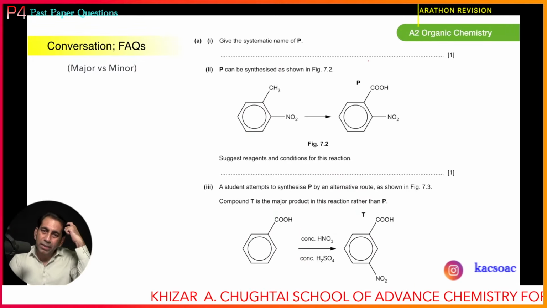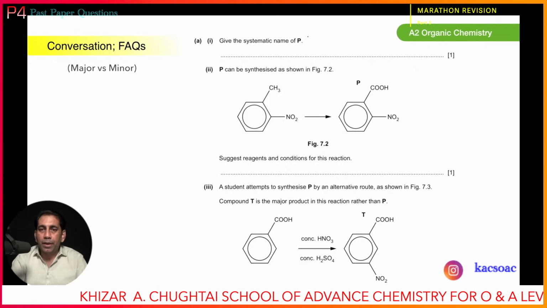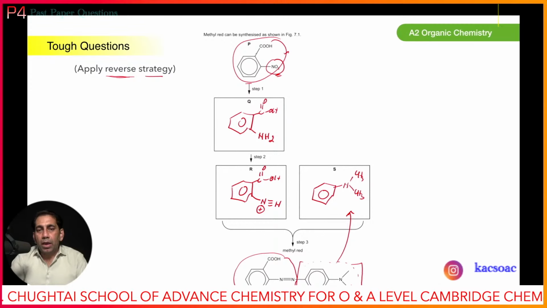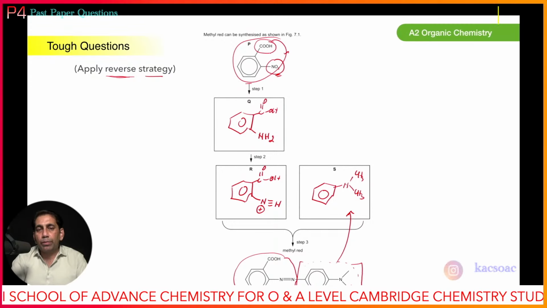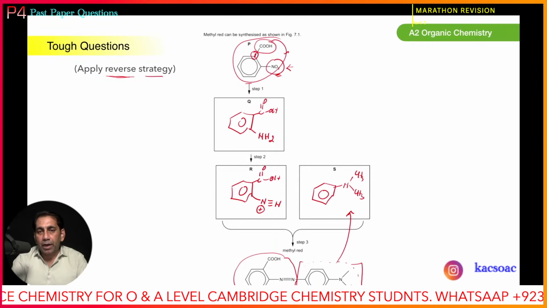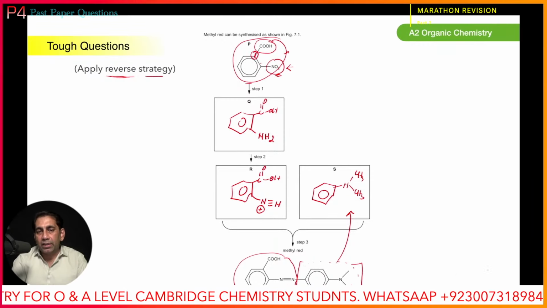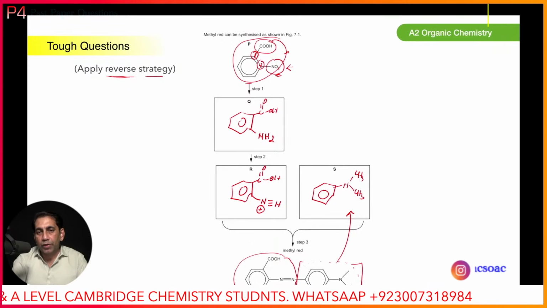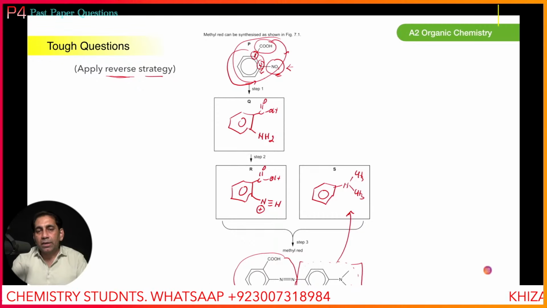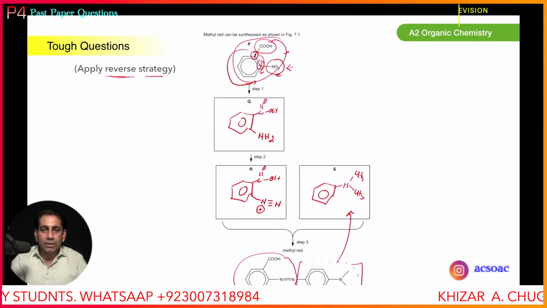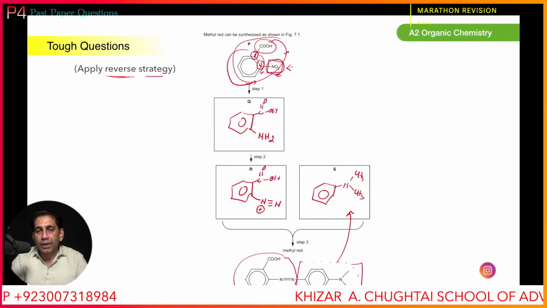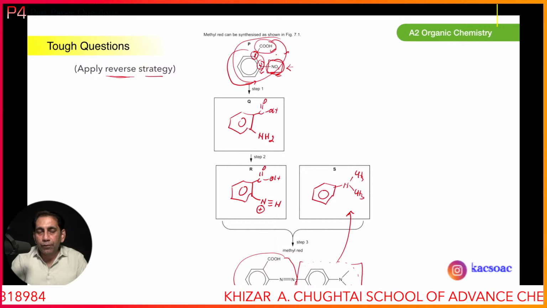Now he is asking to find in the next step what is the name of P, and you know what P is. This is the P. It is having this major functional group, this is the minor functional group, and this carbon will be carbon number 1, and obviously the closest position is this one, 2. If I'm moving anti-clockwise, then its position will be 6. That is not a valid position. So at 2 position there is a nitro group, and this is the major functional group.